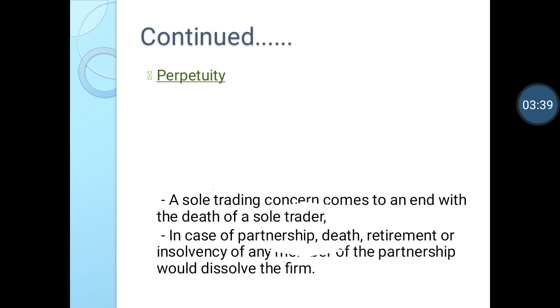Whereas a sole trading concern comes to an end with the death of the sole trader. In the case of partnership, if any one of the partners dies, retires or becomes insolvent, the partnership comes to an end.